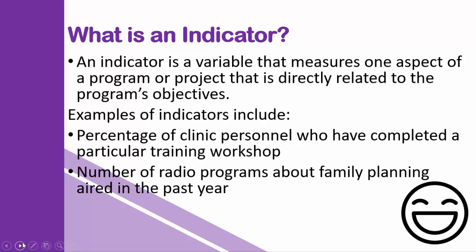There are so many examples of indicators. And if you look at my YouTube channel, I always talk about key performance indicators. But the truth of the matter is that these indicators are developed by the project team. Okay?